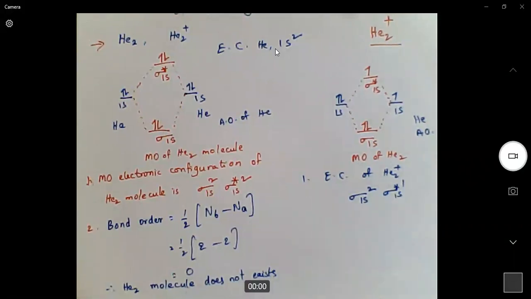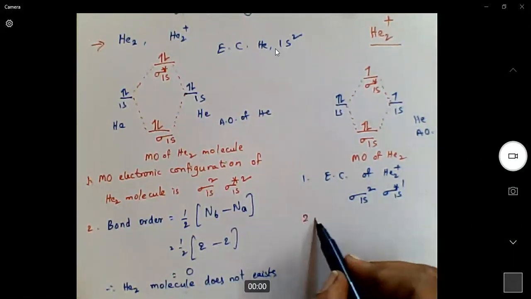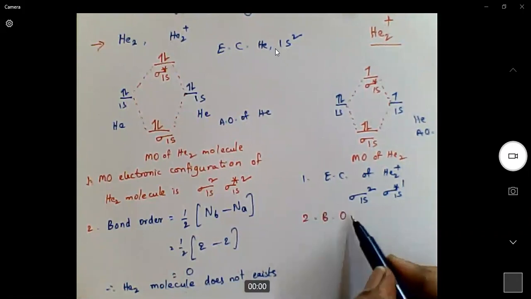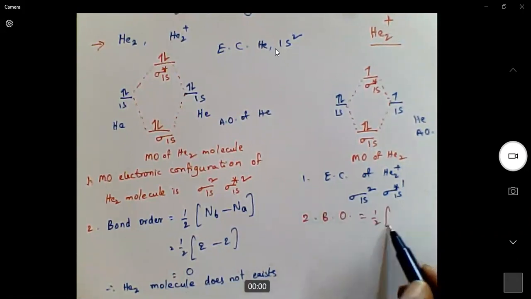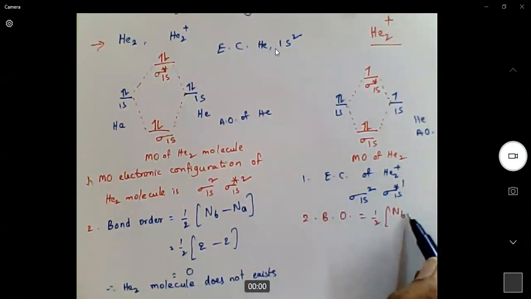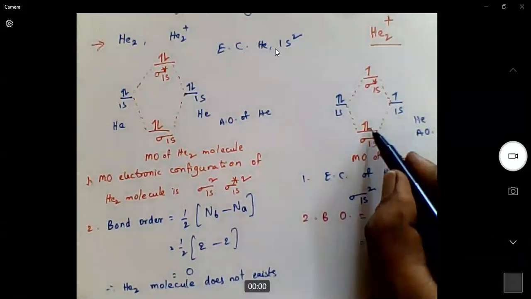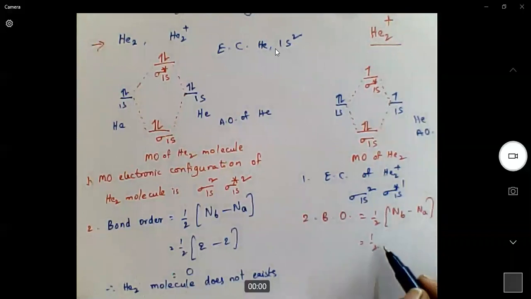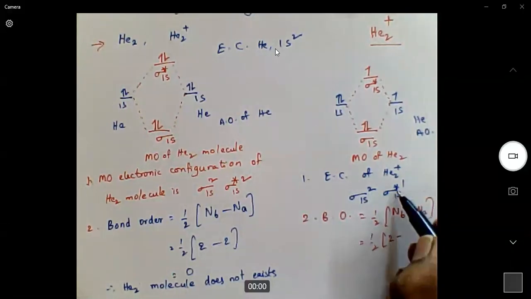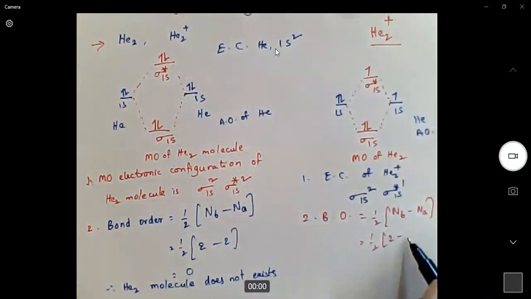Therefore, what is the bond order? Bond order is equal to half of number of bonding electrons minus number of anti-bonding electrons. Here number of bonding electrons is 2, number of anti-bonding electrons is 1.